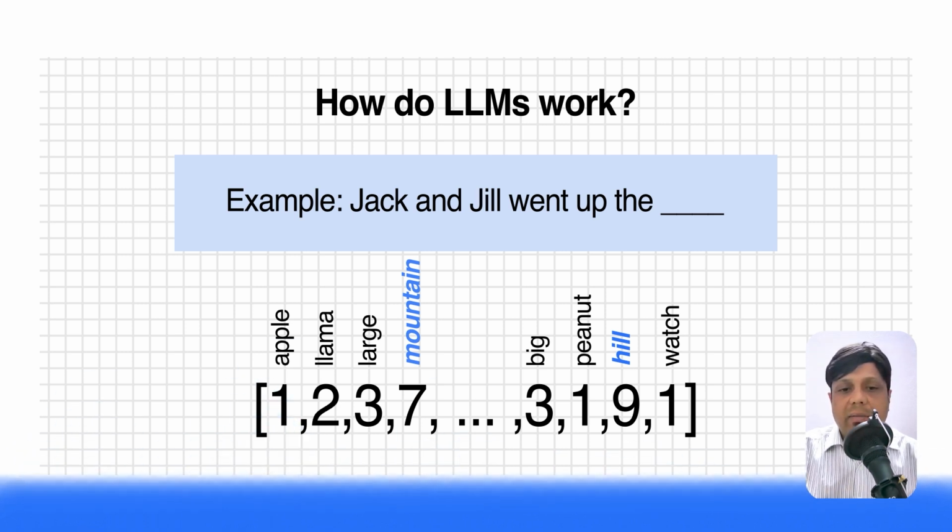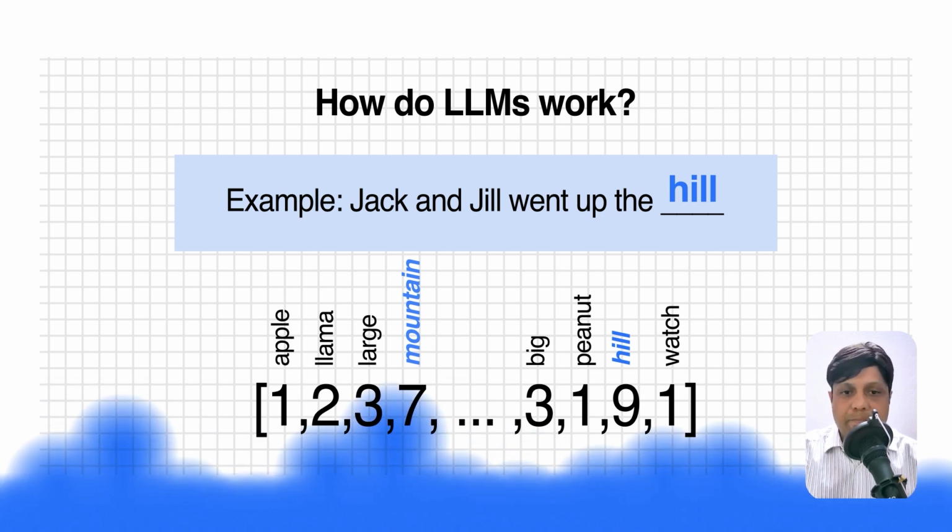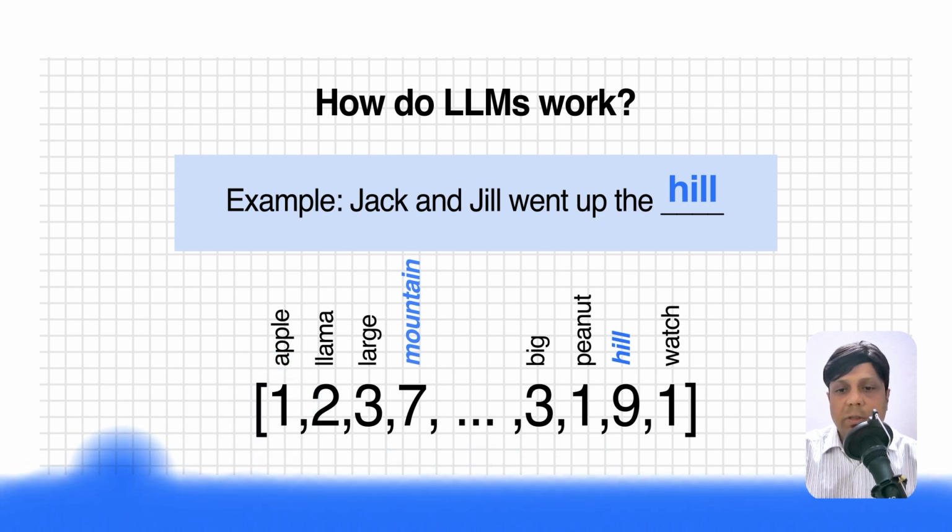There are many other words like apple, llama, large, mountain, big, peanut, hill, watch, and you can see that the maximum probability is for hill. So the model will predict the word hill.